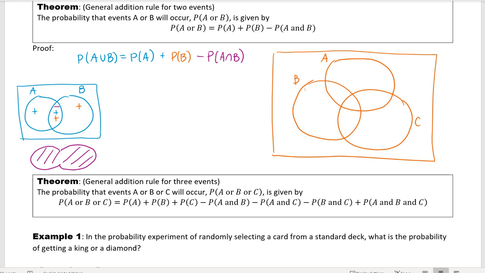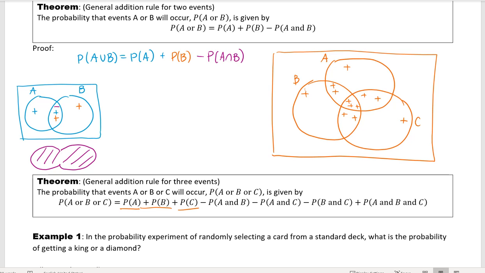Okay, so this is A. Alright, now let me use color. The probability of A or B or C is the probability of A. The probability of A is this region, this region, this region, this region, right? Probability of B is this region, this region, this region, this region, right? Probability of C is C, this region, this region, this region, this region.